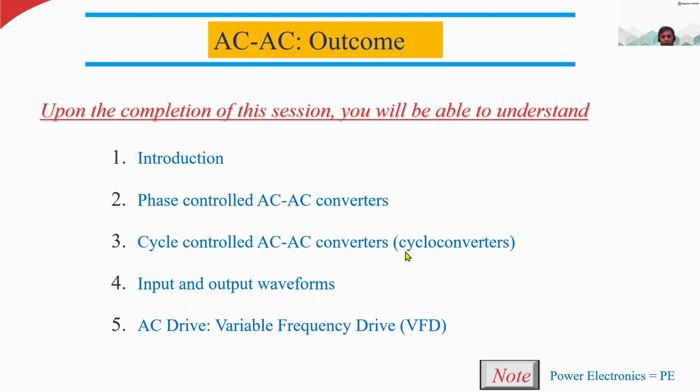It means it's converting the cycles of the AC input voltage. Cycle means, like we know, one cycle has a positive half cycle and a negative half cycle. So that is one full cycle of the sinusoidal wave, that is the AC signal. So it's converting the cycles, then only we can change the frequency.